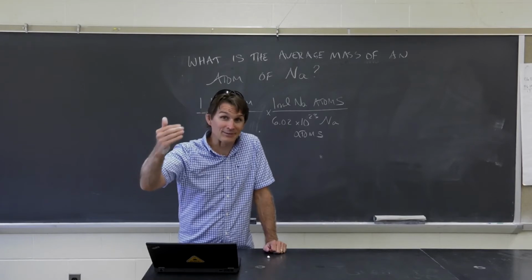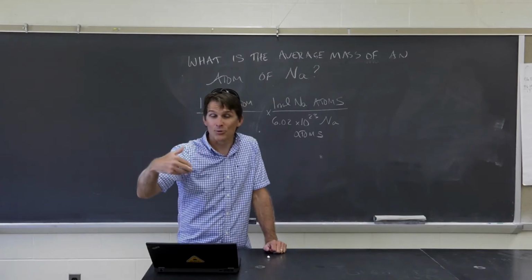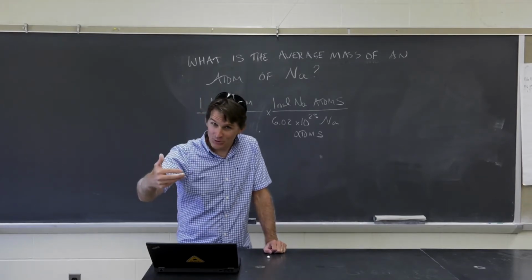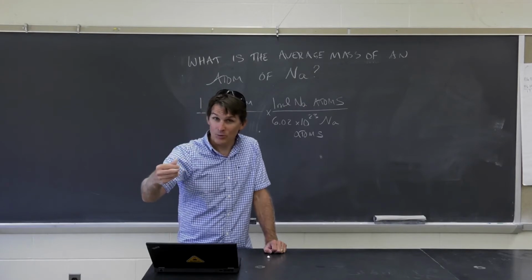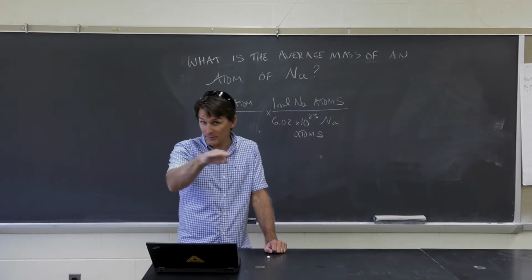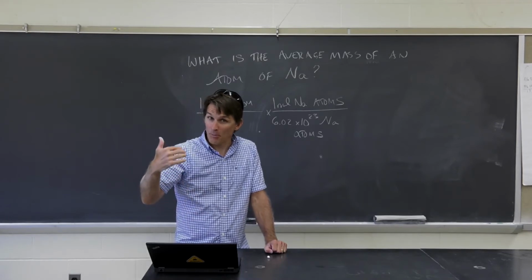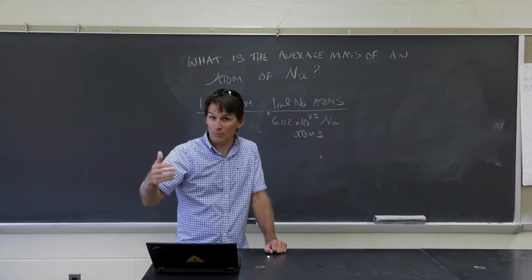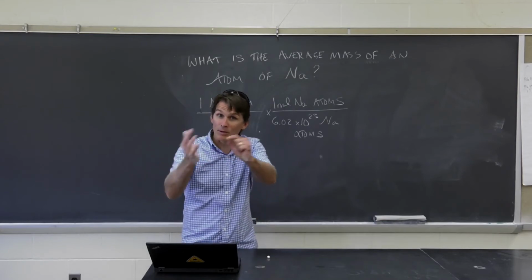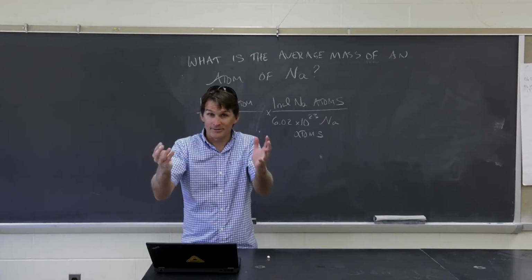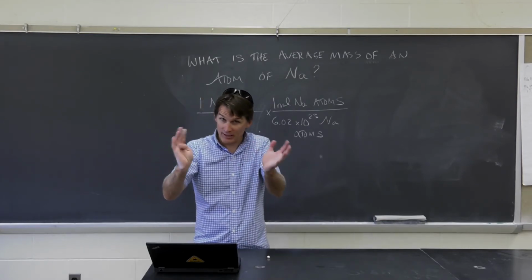What's the mass of a mole of something? So we sometimes use the words atomic weight when we're talking about that number on the bottom of the symbol on the periodic table. Sometimes I'll use the term molar mass. What's the mass of a mole? What's the grams per mole?